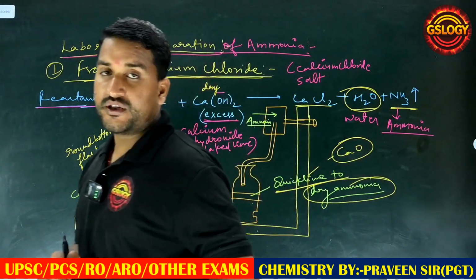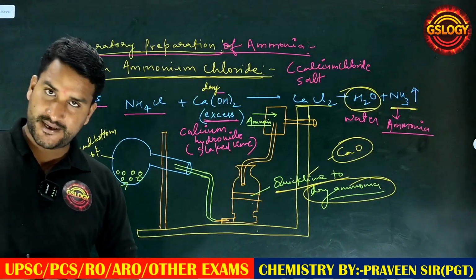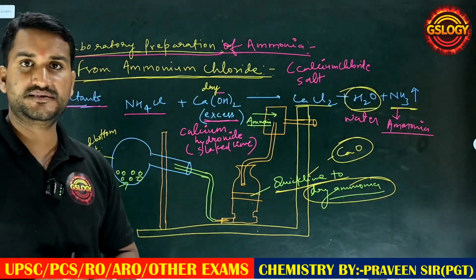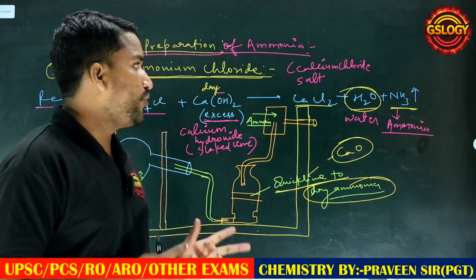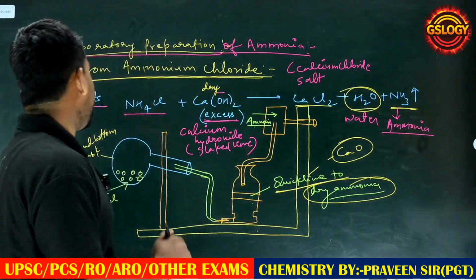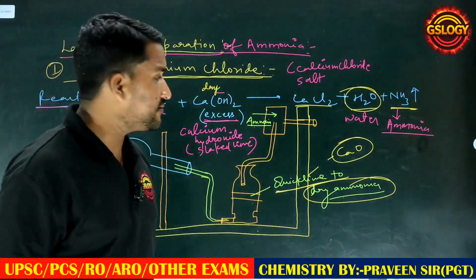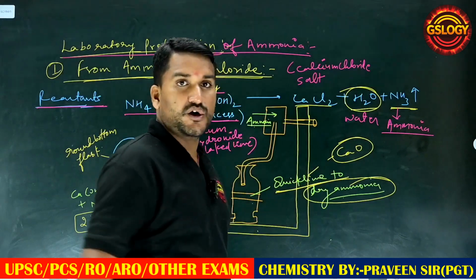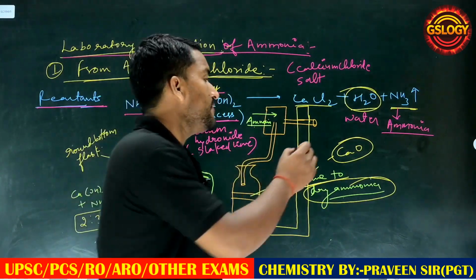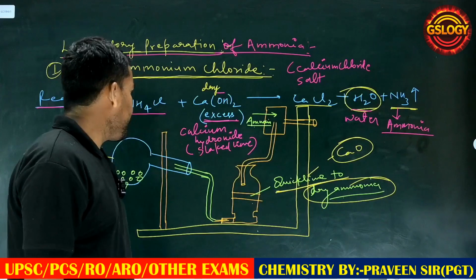Means when ammonium chloride reacts with dry calcium hydroxide, it forms calcium chloride, water and ammonia. So these are the reactants. But what is the product? The product is the salt calcium chloride, water and ammonia.